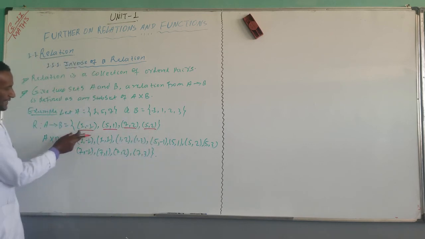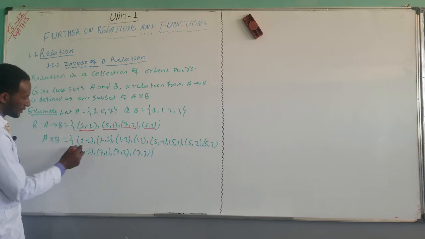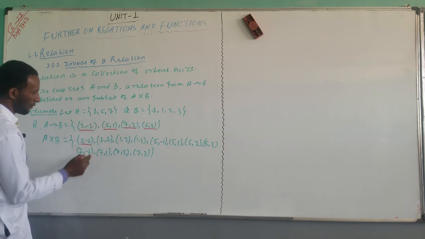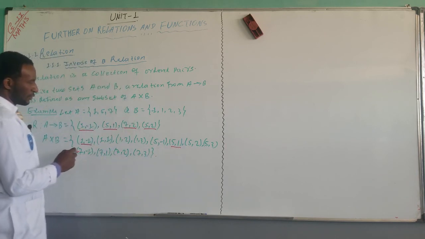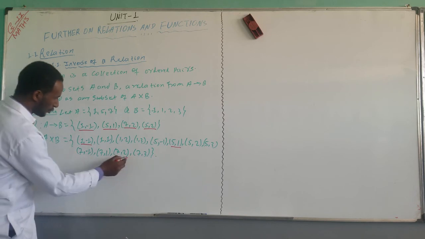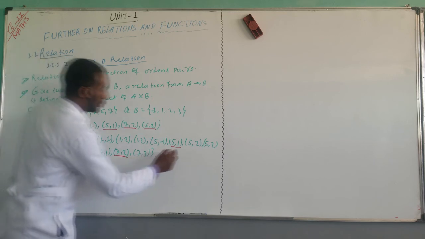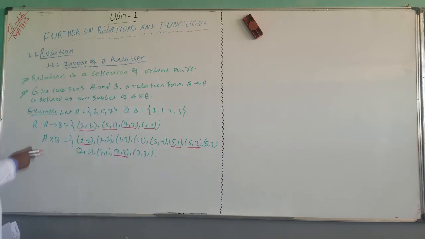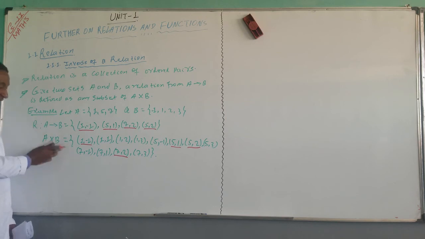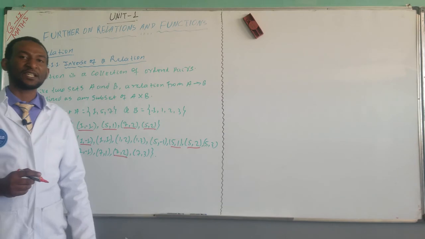This is a subset of A cross B. (1, -1) is here, (5, 1) is here, (7, 2) is here, and (5, 2) is also here. That means this relation R is a subset of A cross B, when R is a relation from A to B.